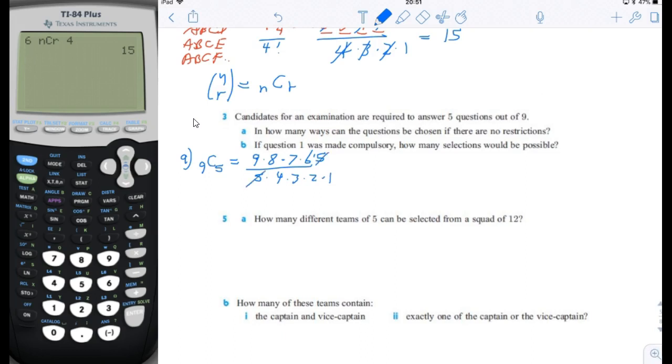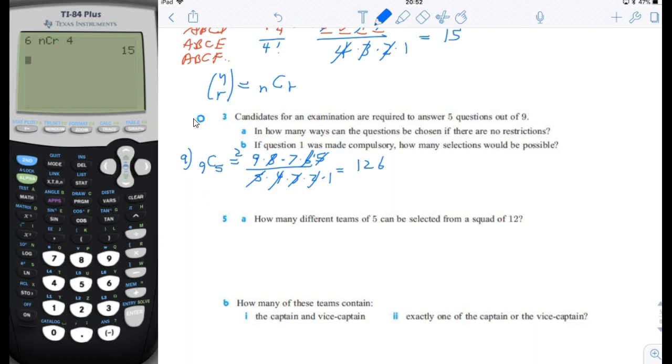And so if we can do a lot of canceling here, you can see that the multiplication is not so bad. It's just 7 times 9, which is 63, and 63 times 2, which is 126. We can do that in our head. Okay, so that's how many ways 5 questions could be chosen out of 9.